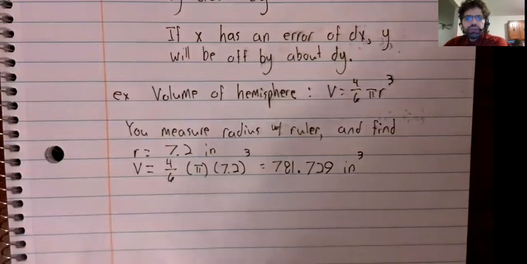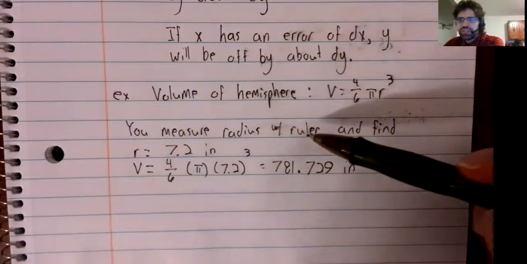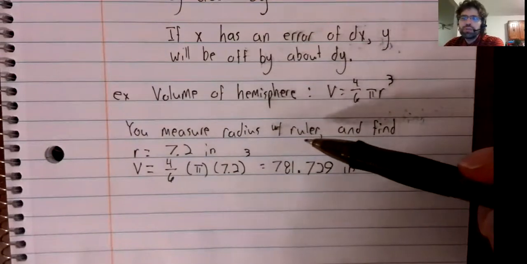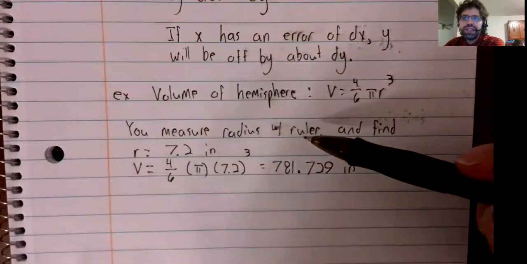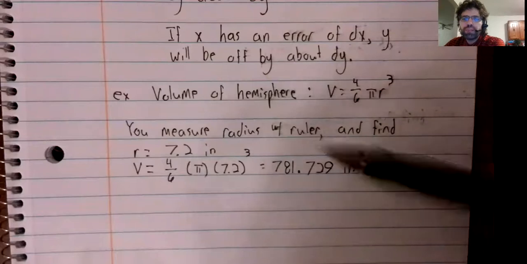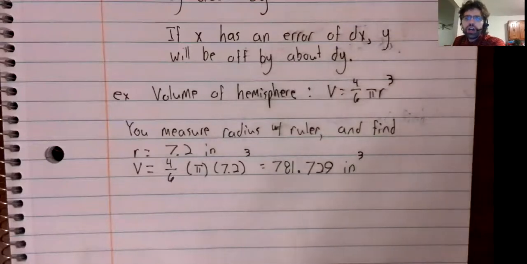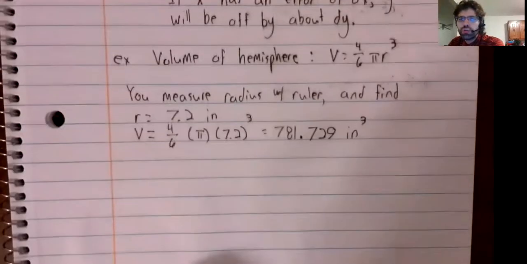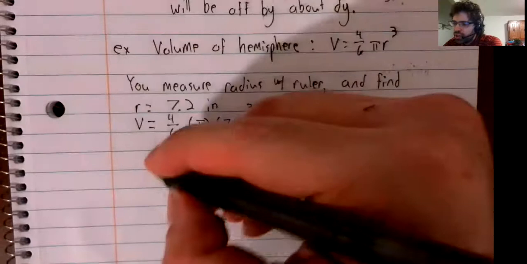Now the issue here is that rulers, I mean the common variety ruler you'd get from a convenience store or something, are not that accurate. They have ticks every eighth of an inch or so.